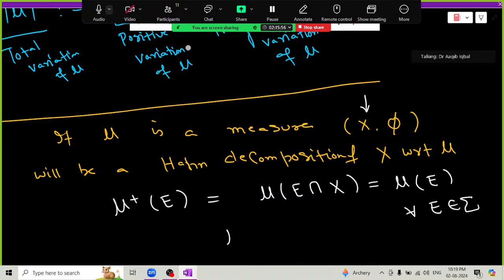So mu plus is the same as mu. So if mu is a measure, then the positive variation of mu is the same as mu. What about the negative variation?